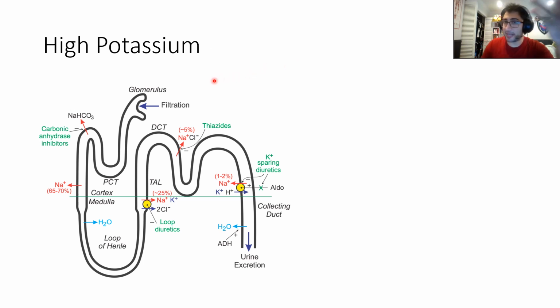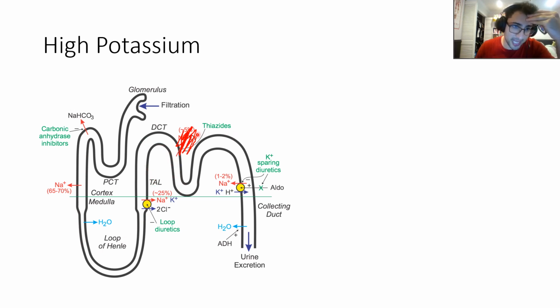You don't have elevated angiotensin, you don't have elevated renin, none of that's going on. You just have high aldosterone. All right. So what's going to happen is that this is not going to be upregulated, and the rest of the nephron is normal, right? Function here is normal. Function here is normal.